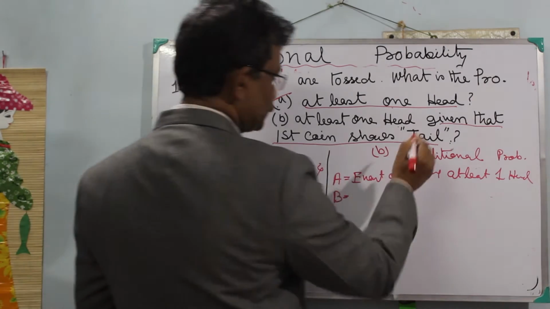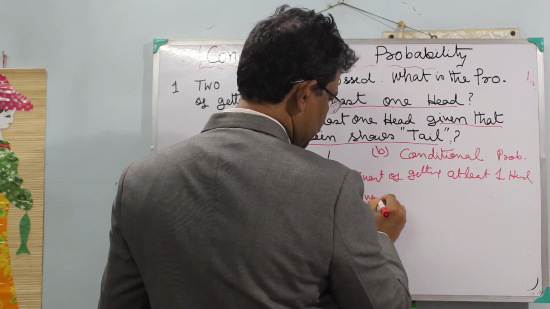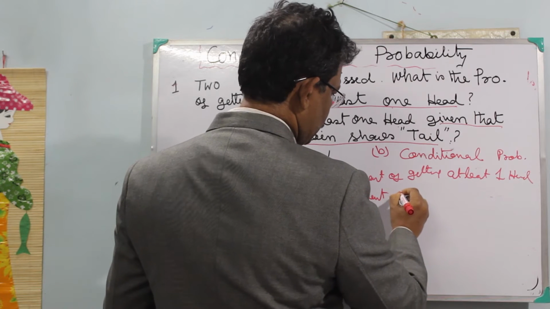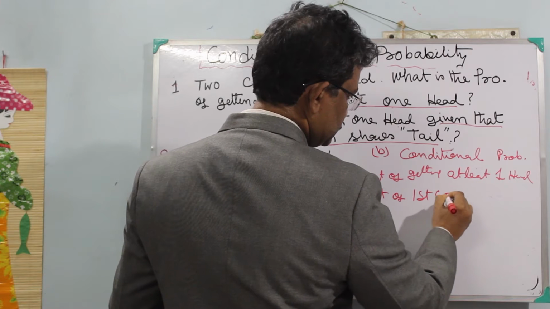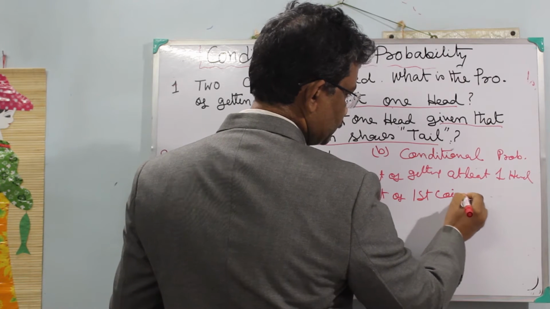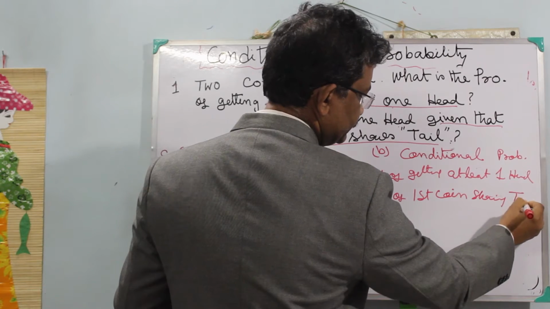And we have to assume another event. When the first coin shows tail, B is equal to the event of the first coin showing tail.